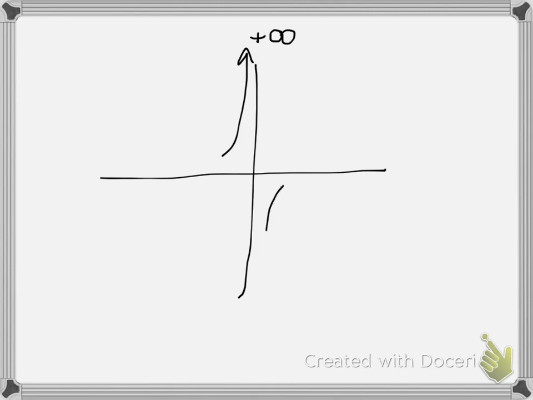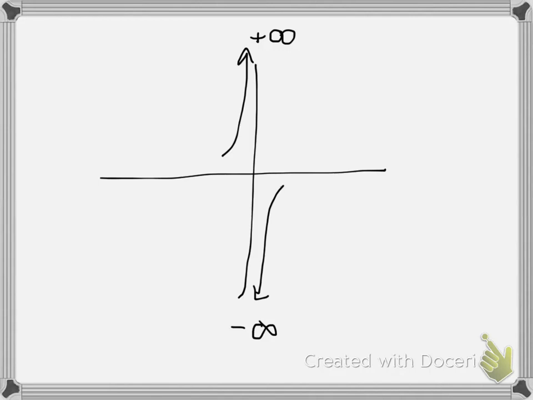And if it comes from the positive side, it goes off towards negative infinity as x approaches 0. Now, in the movie, she says, well, if the function doesn't approach anything, it doesn't exist. Well, I don't like that answer.